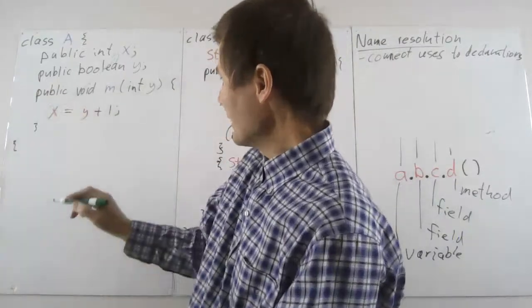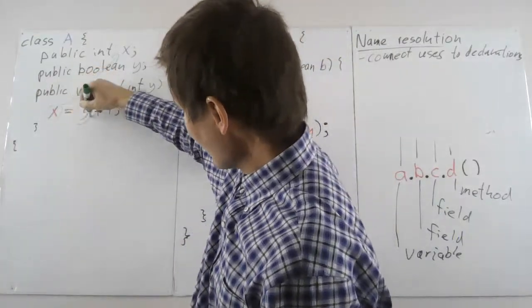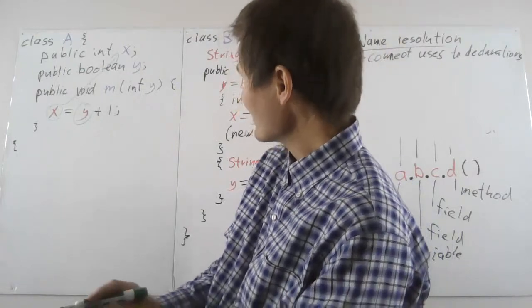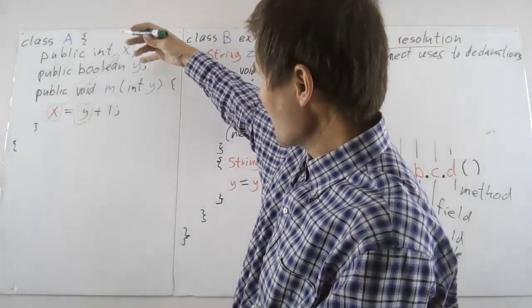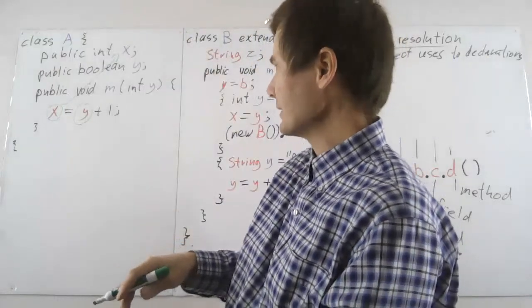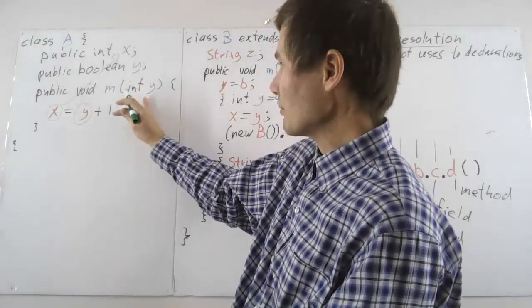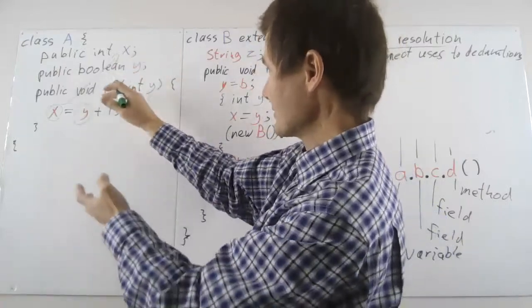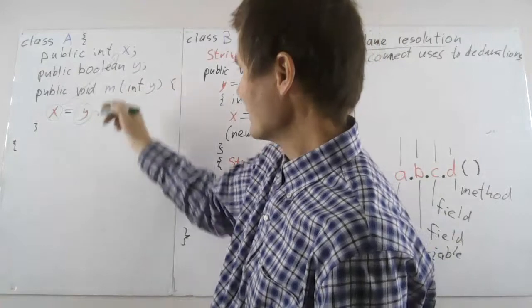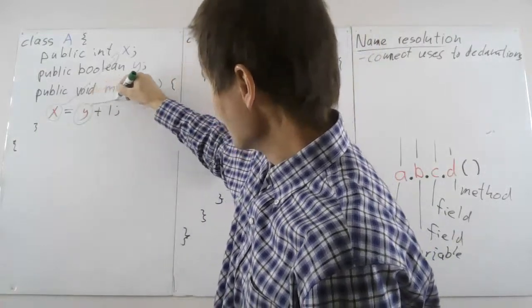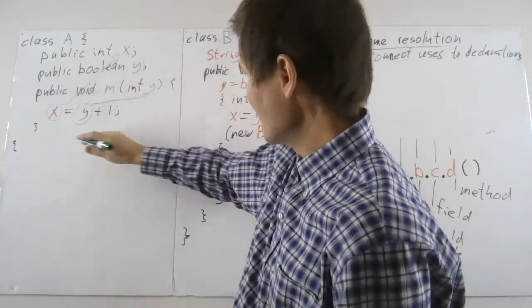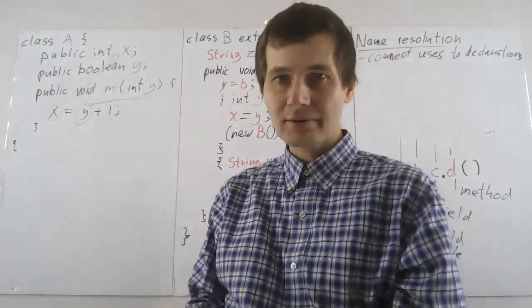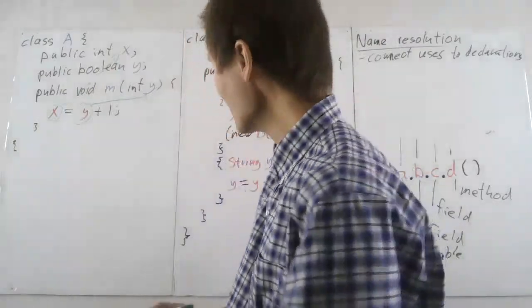Okay, here, this use of Y, now it's not 100% obvious because there's a Y here, but there's also a Y here. But this parameter Y is closer to where we're using it, right? It's within this method, and so we're going to link this use of Y to this declaration of Y and not this declaration of Y.